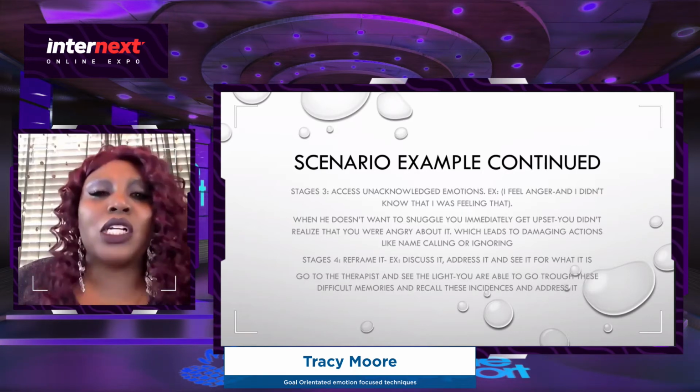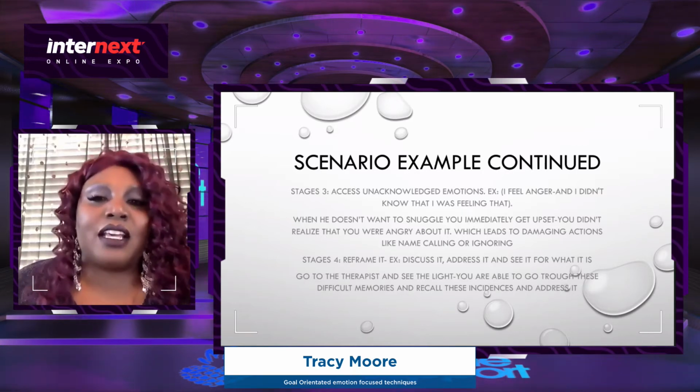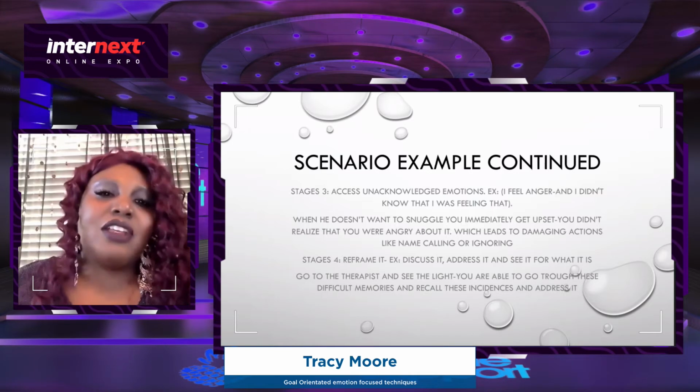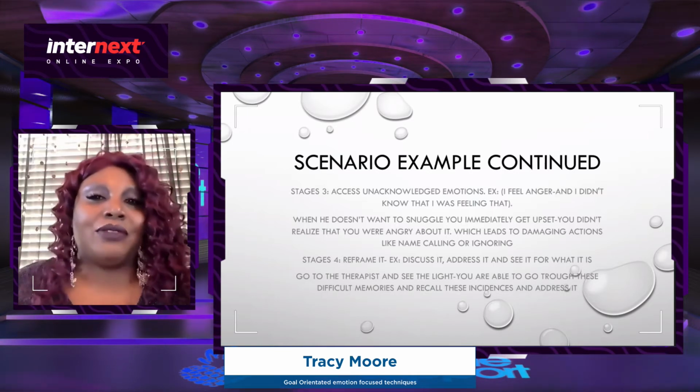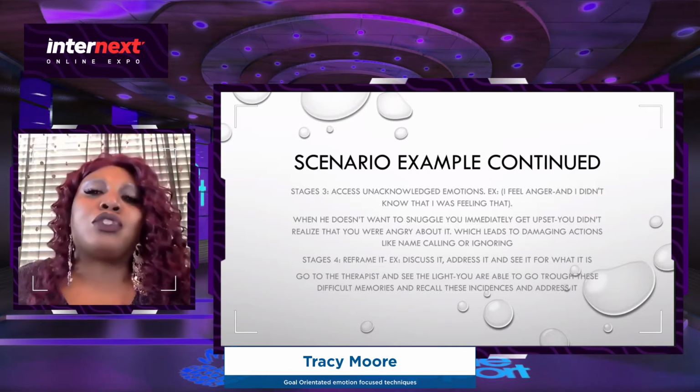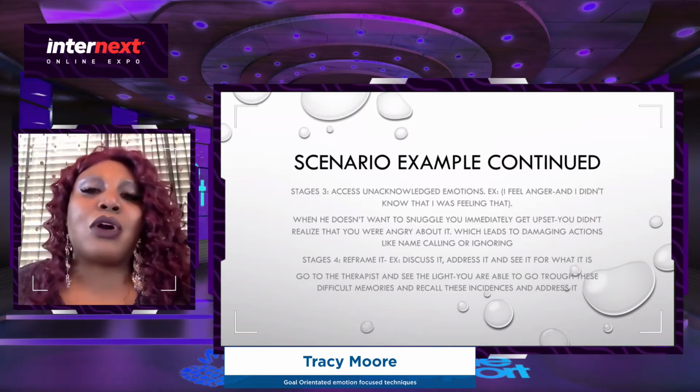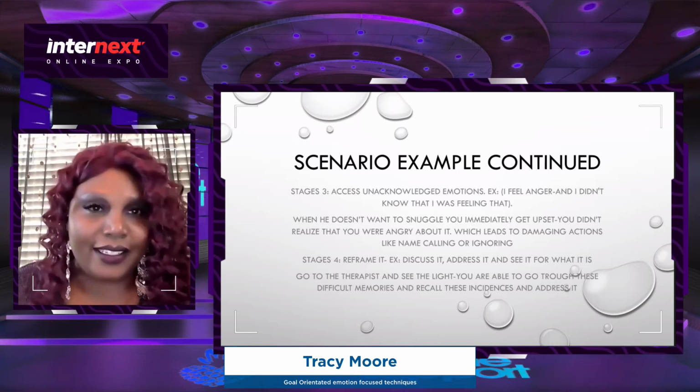So stage 4: reframing it, discussing it, addressing it, and seeing it for what it is. So going to the therapist, for example, and seeing the light, right? You are able to go through these difficult memories and recall these incidences and address them.